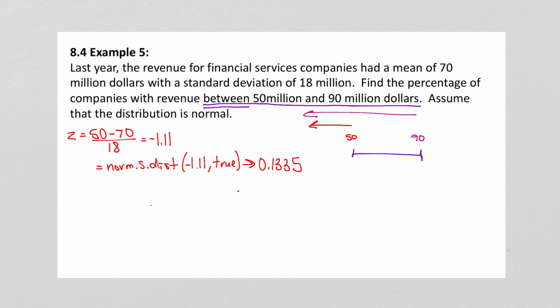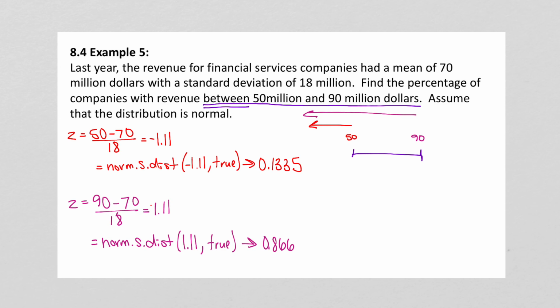Then we find the z-score for the data value of 90. That's positive 1.11. Equals NORM.S.DIST, positive 1.11, comma, true, which gives 0.8665.